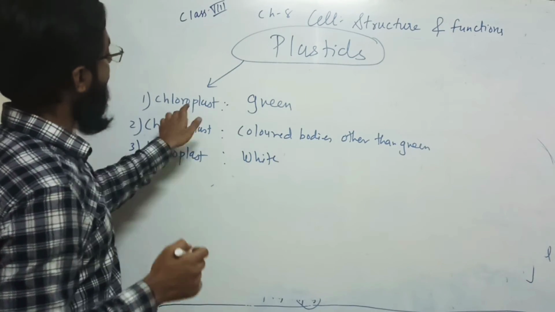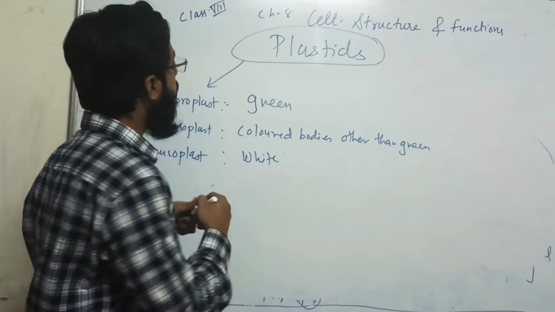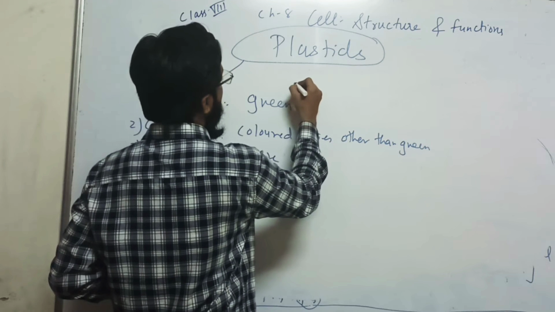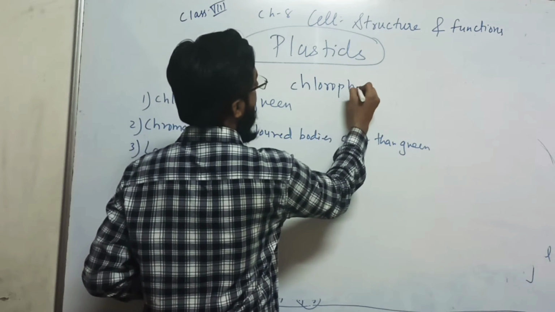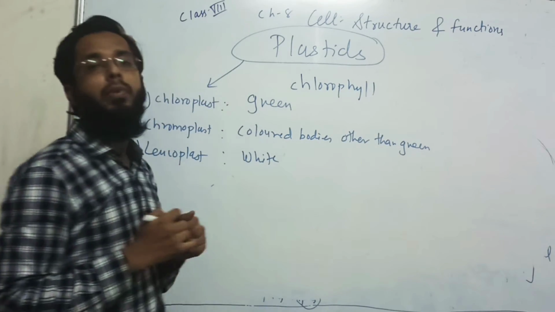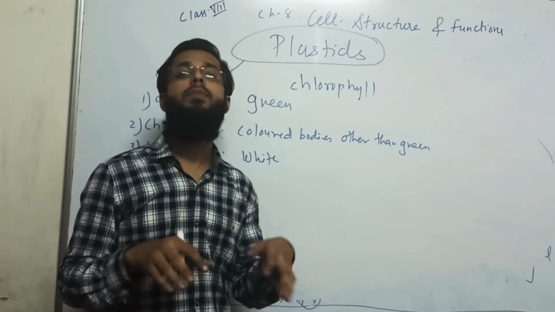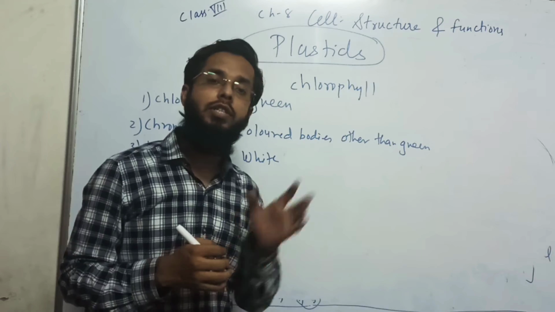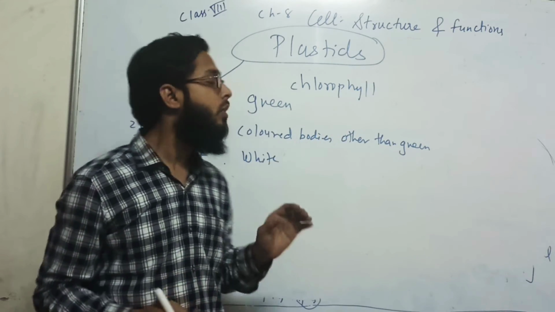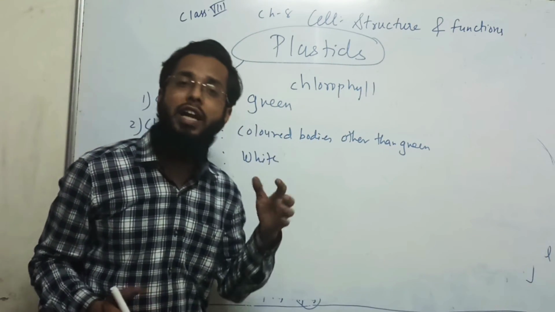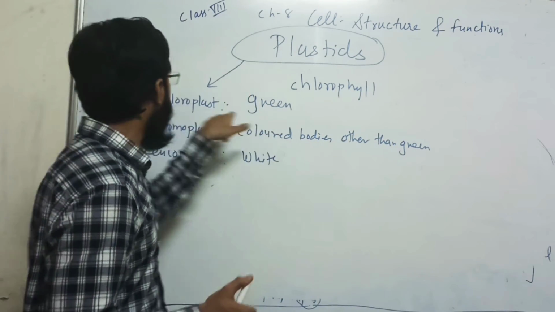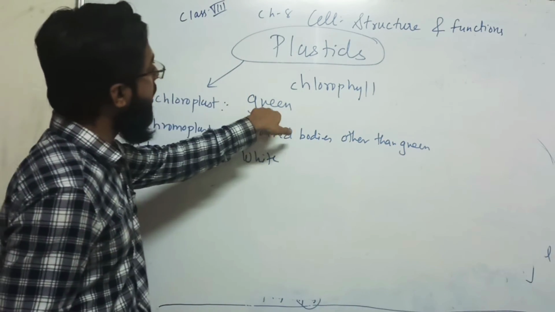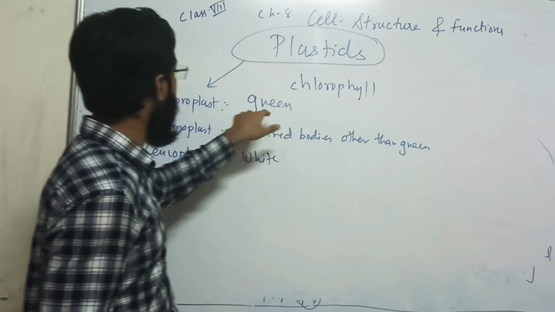So chloroplasts have chlorophyll, a green color pigment, due to which plants appear green, and which is helpful for photosynthesis. So the green color in green vegetables or green plants is because of the chloroplast, the green color pigment chlorophyll.